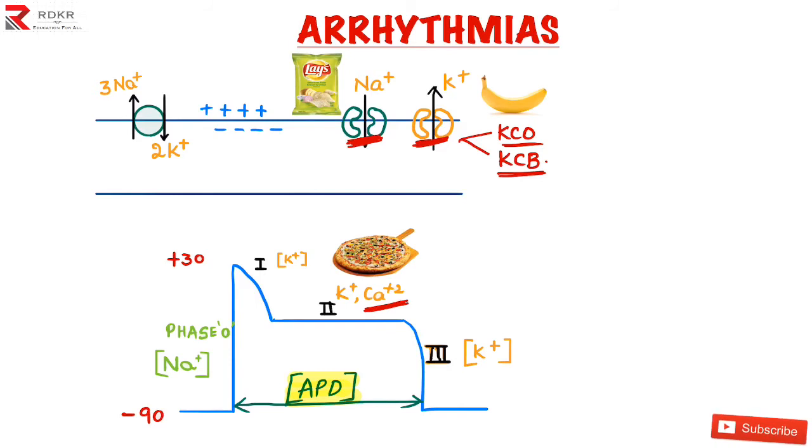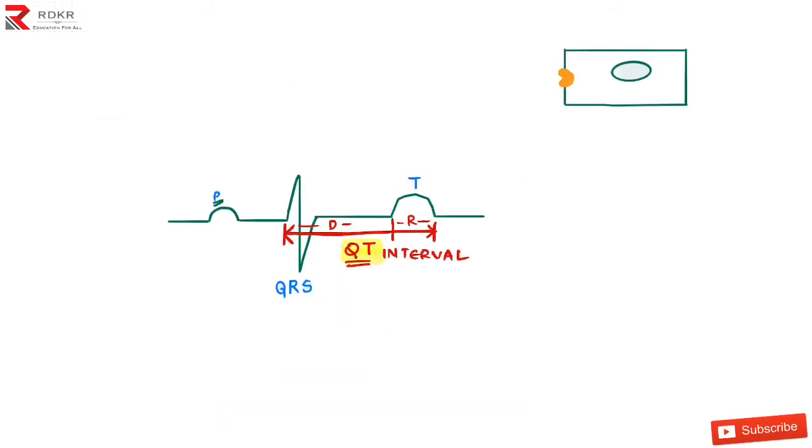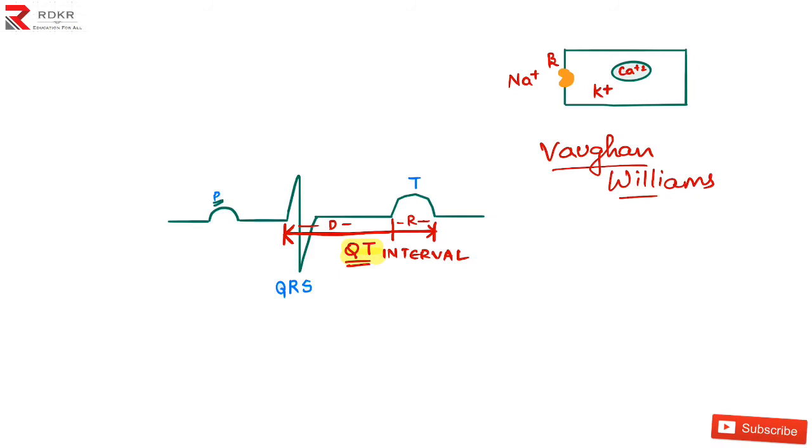Okay, so these are the main drugs. How do you remember that? Outside the cell we have more sodium, inside the cell we have potassium rich, and this is the beta receptor, and this is the endoplasmic reticulum, which is rich in calcium. So according to the Vaughan-Williams classification, we mainly have 5 classes of anti-arrhythmic drugs, that is 1, 2, 3, 4, 5.